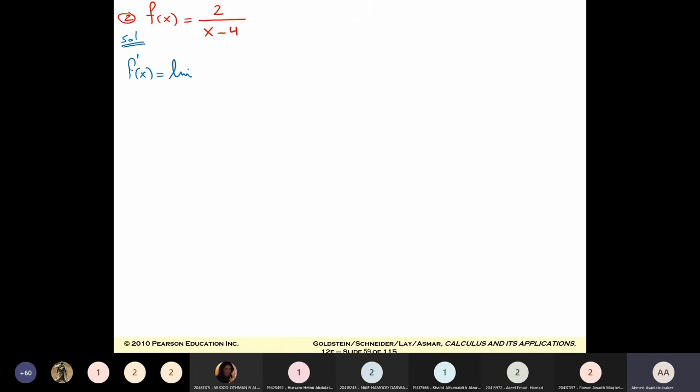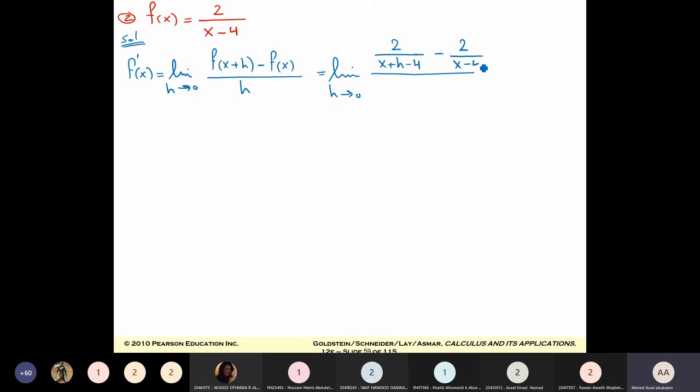Limit of f of x plus h minus f of x over h, and h goes to 0. Now this equals 2 over x plus h minus 4, minus 2 over x minus 4, over h.